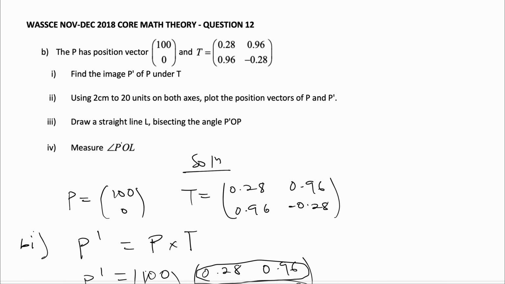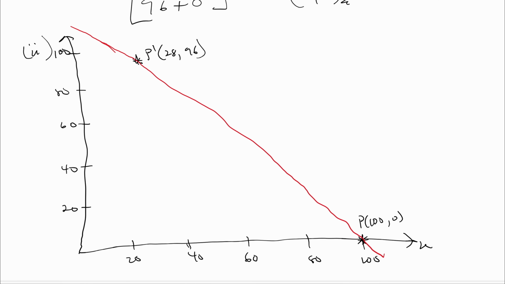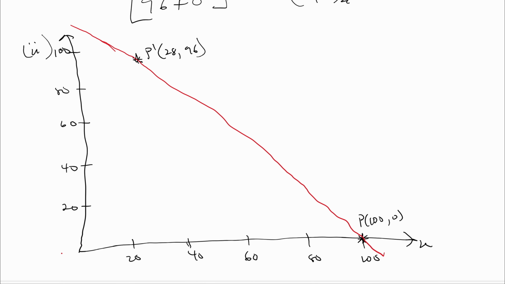Now, part iii says draw a straight line bisecting the angle POP'. So this will be our O, which is our origin. Now we can draw a line to join P' and O. This should be a straight line, so you can use your long ruler. And this is our angle POP'.